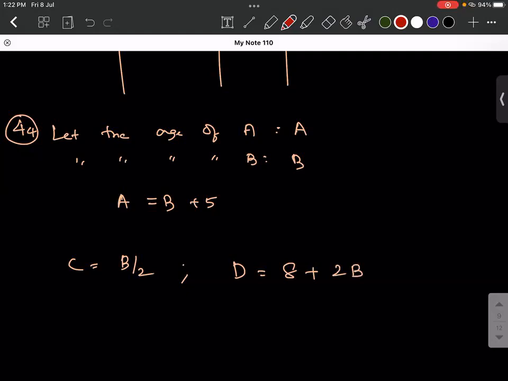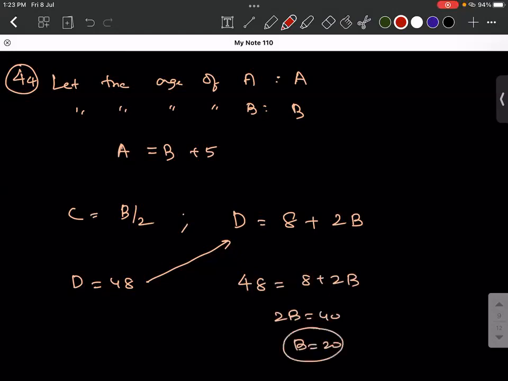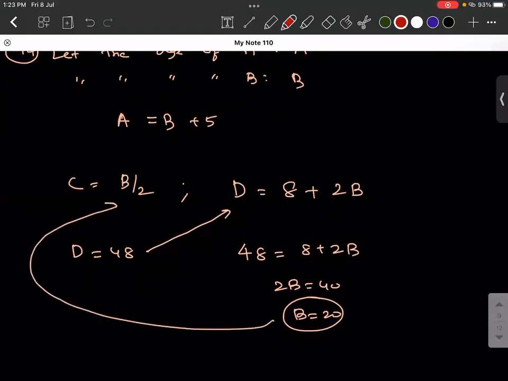If the present age of D is 48 years, find the present ages of A, B, C in years. I take this and substitute it here. So 48 is equal to 8 plus 2B. So 2B is equal to 40. B will be equal to 20. Is it clear? So if B is 20, I'll substitute it here.